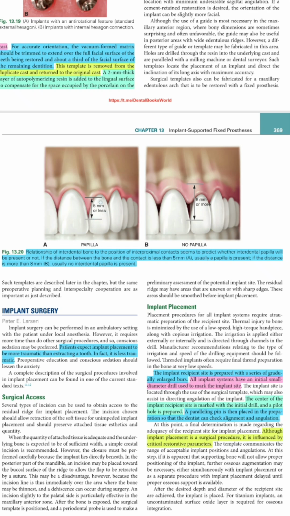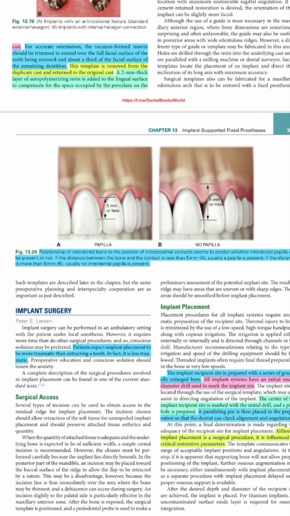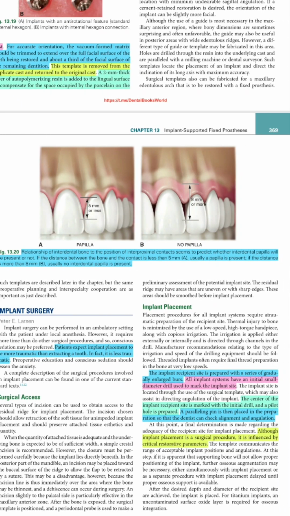If it is 5 millimeters or less, we will get the papilla in place and it will grow to give a natural look. If it is more than 8 millimeters, it is usually not present.